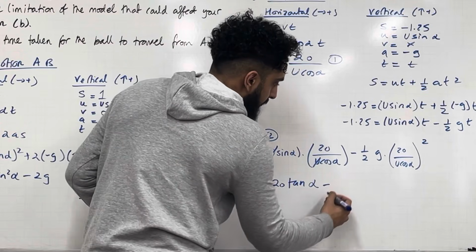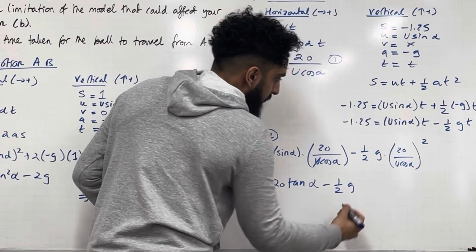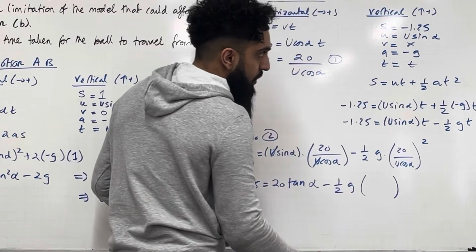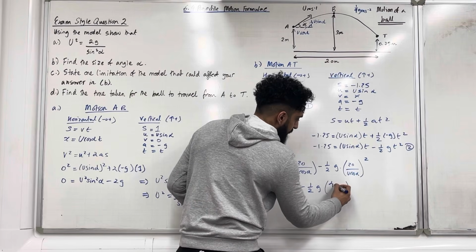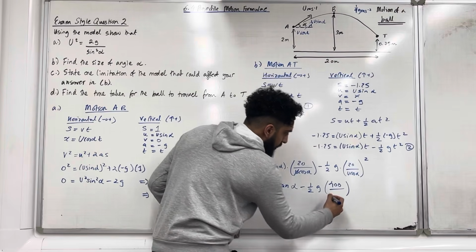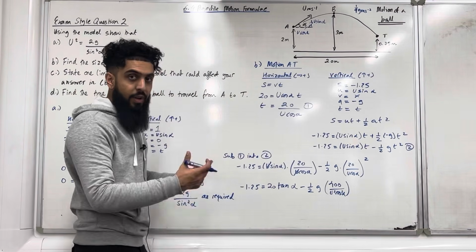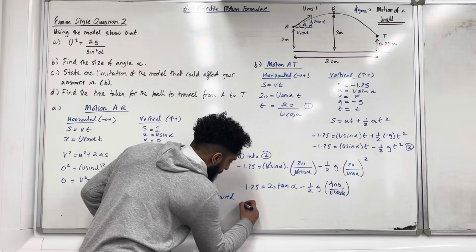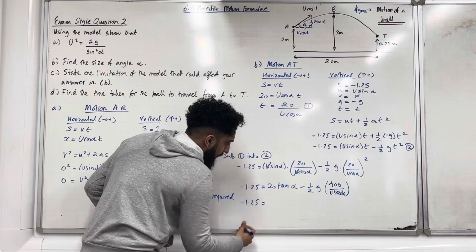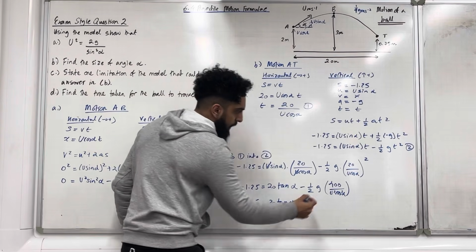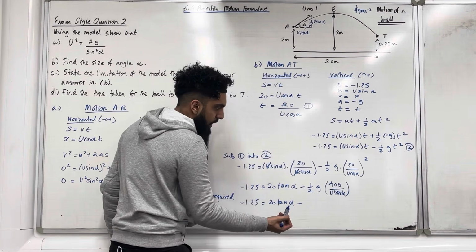Minus a half g. Right, over here 20 squared is just 400 all over u squared cos squared alpha. Right, so we're going to further simplify this. We have minus 1.25 equals 20 tan alpha minus 400 divided by 2 is just 200.